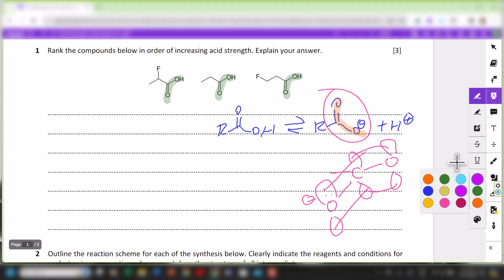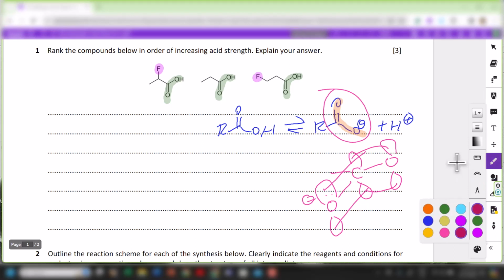From our examples, we notice that for the first example, we have a fluoro group at the second carbon, and for the third example, there is a fluoro group at the third carbon. The carboxylic acid carbon is labeled as carbon number 1, and then this is 2 and 3. Between the two, for 2-fluoropropanoic acid, the fluoro group is at the second position.